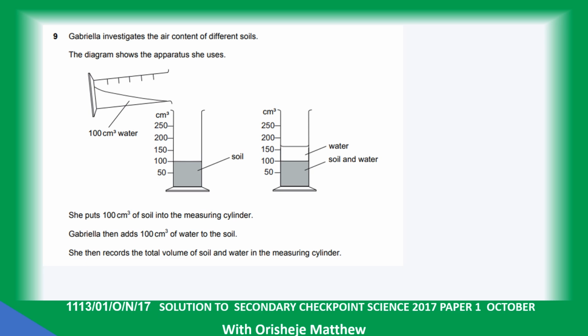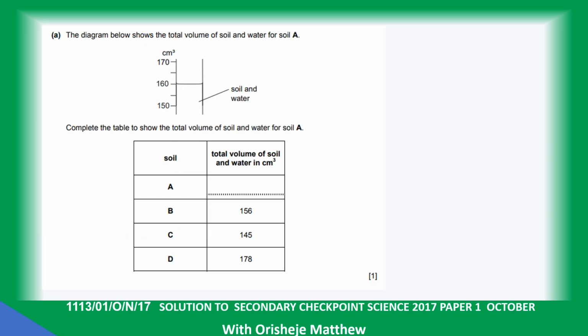She then recorded the total volume of soil and water in the measuring cylinder. 100 plus 100 is supposed to give us 200. The diagram below shows the total volume of soil A. Complete the table. 160.